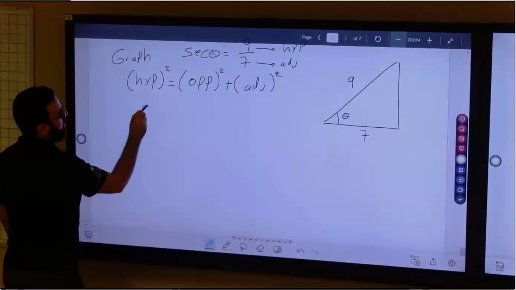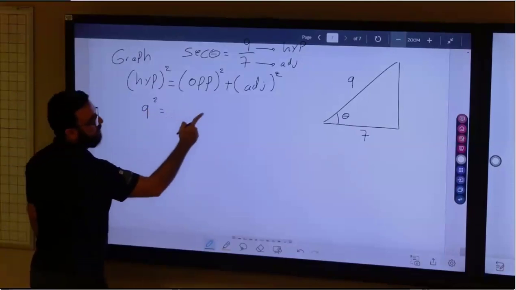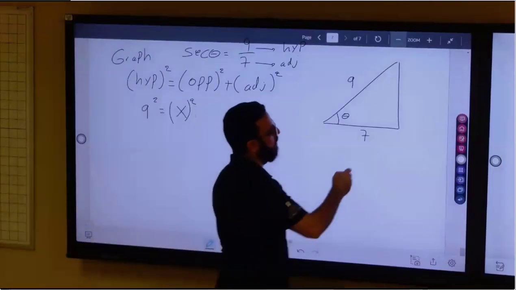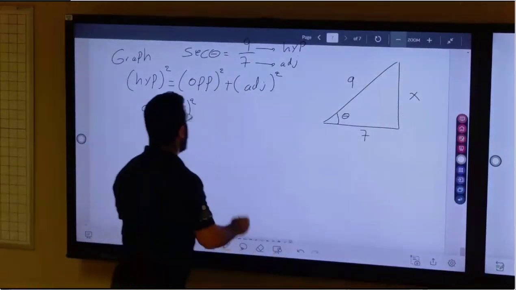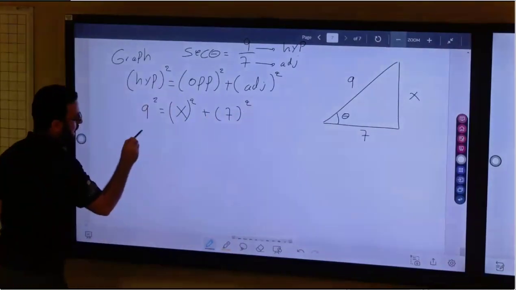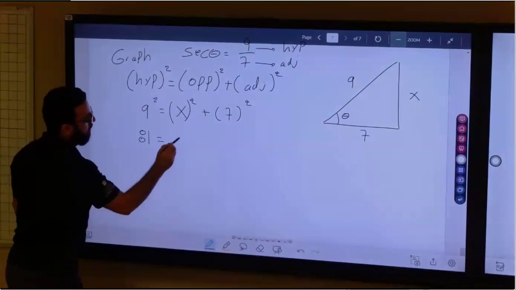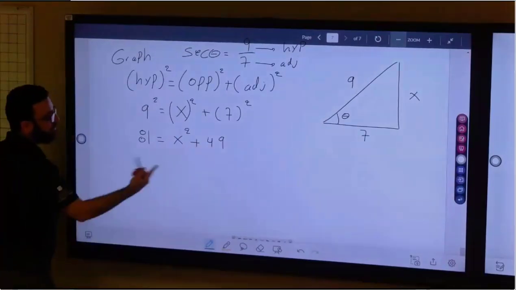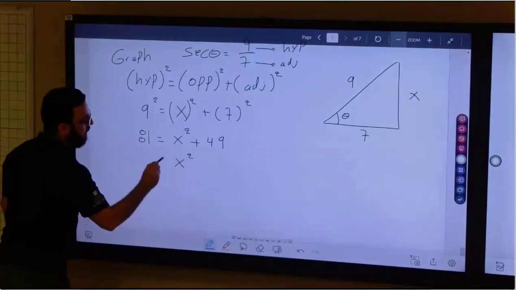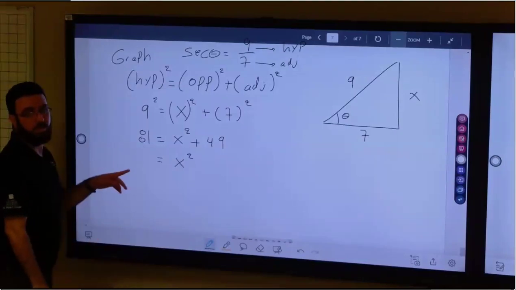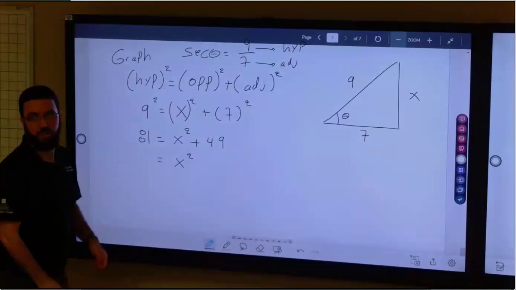This one is 9 square equals the opposite, let's say this is X, X squared plus 7 square. So it's going to be 81 equals X squared plus 49. Minus 49 from both sides. X squared equals 32.